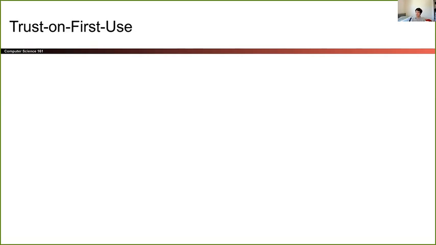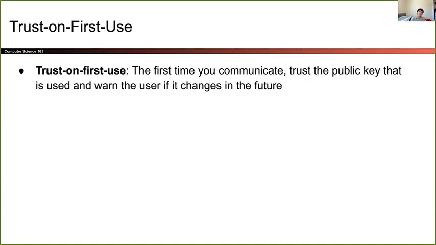As a side note, sometimes if we don't have anything to trust to begin with, we're going to rely on something called trust on first use. So what this says is the first time you communicate, just trust that public key. And then if that public key changes later on in the future, then throw up a message. This is used in SSH.